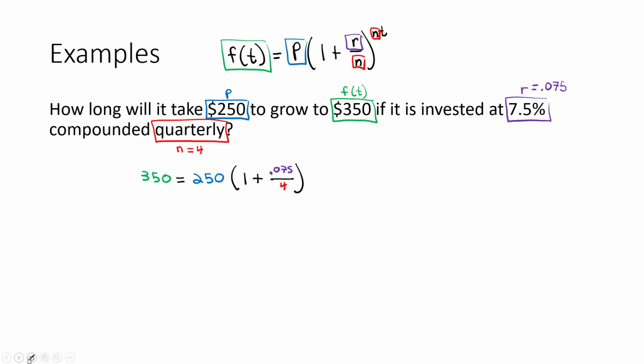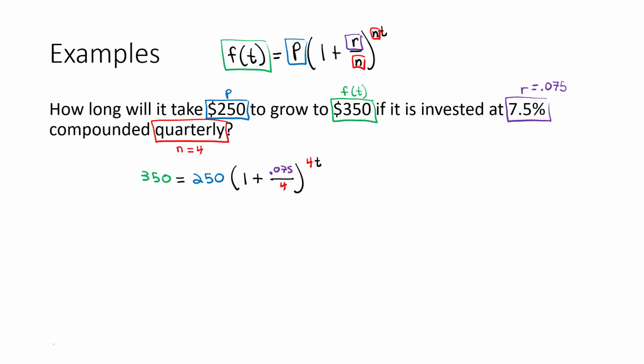All of that raised to the NT, and N again is still 4. T, and I'm going to put the T after it, just like we normally see, 4T. There we go. So this is the equation we want to solve.